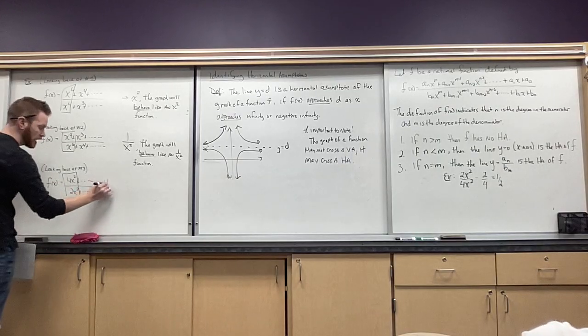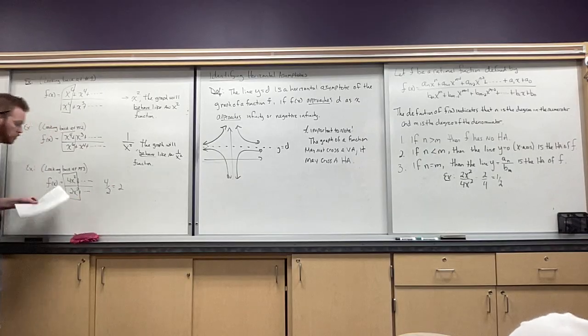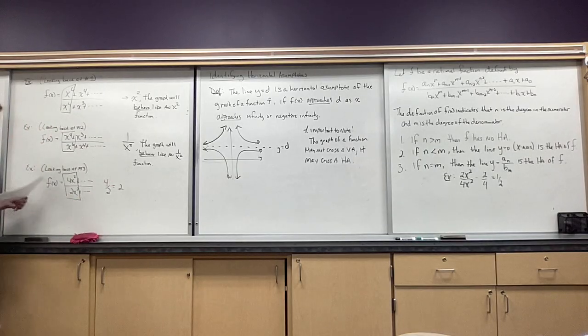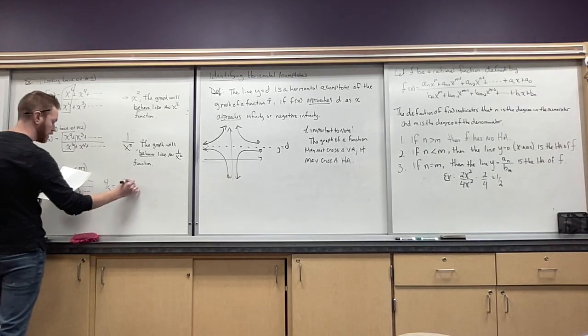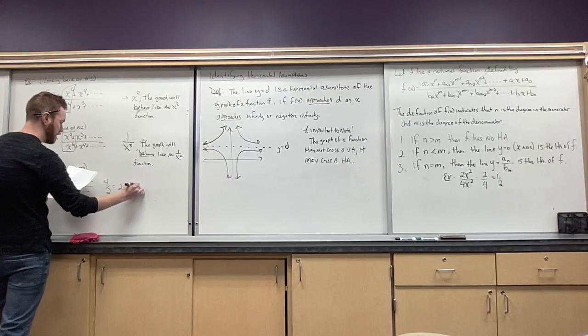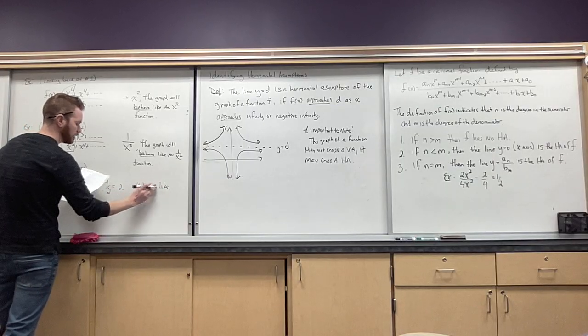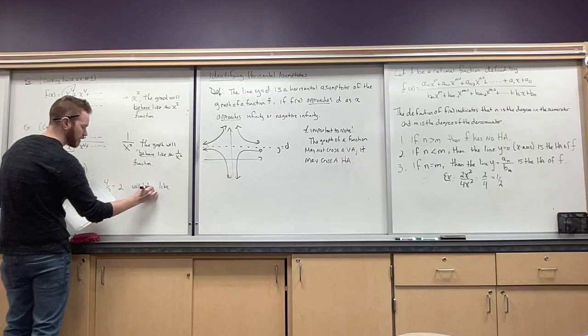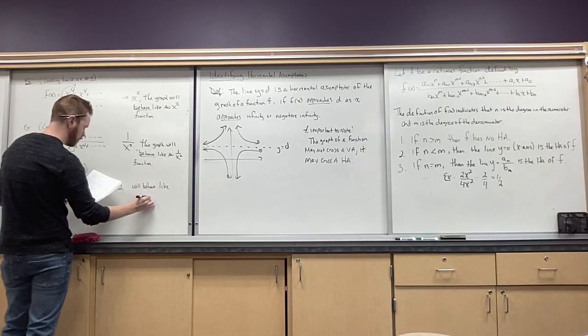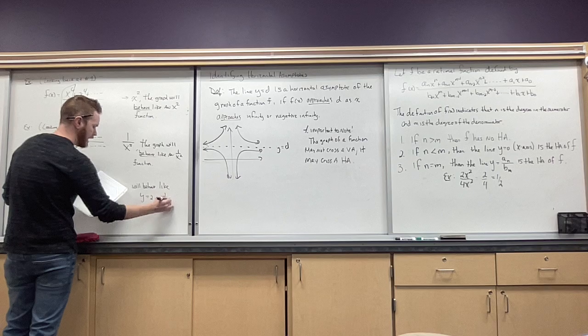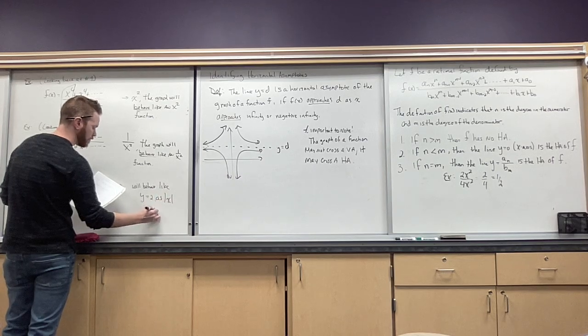So that's going to be the same as 4 over 2 or 2, okay? So that part, when it comes to the horizontal asymptote, will behave like y equals 2 as x becomes large.